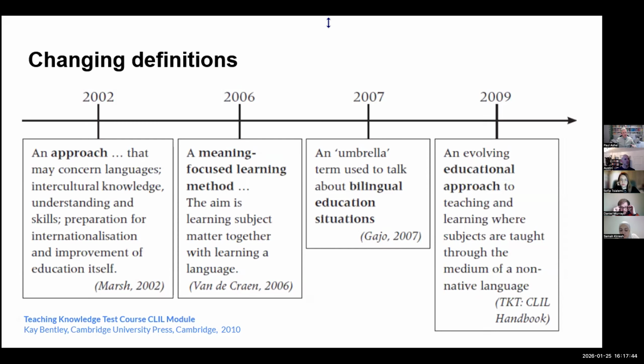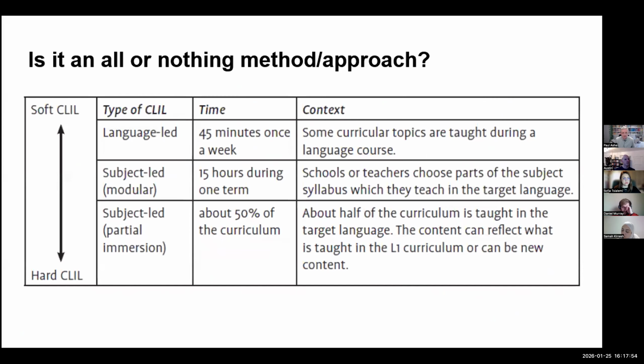And we mentioned the hard CLIL and the soft CLIL and what that might look like, and it can appear in different ways in the classroom. This is an example of what a particular curriculum might look like if it's soft CLIL, somewhere in the middle, or certainly hard CLIL. I think what Sophia was suggesting, where would you put that experience, Sophia?